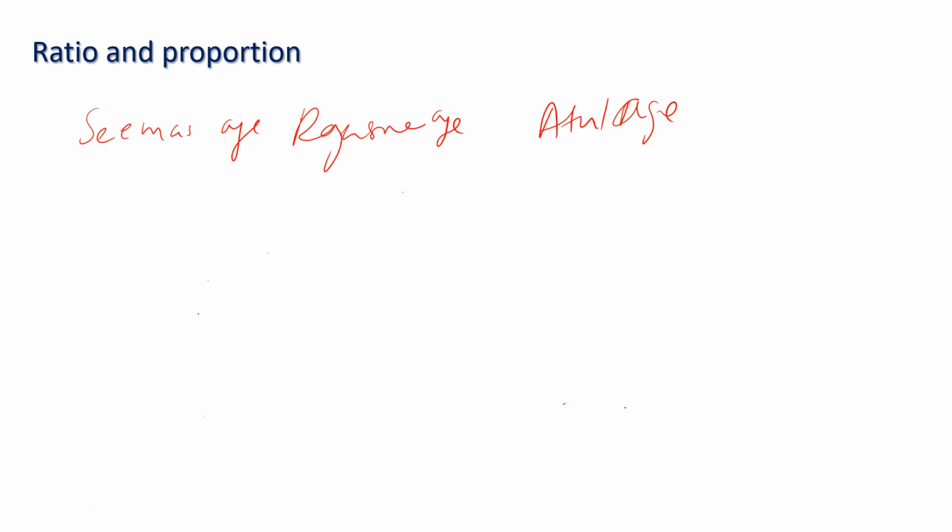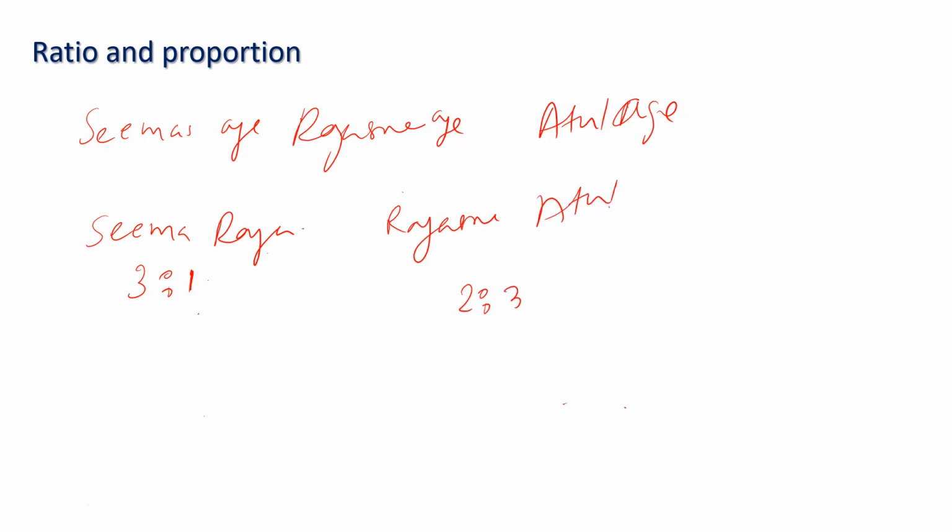If the ratio between the age of Seema and Rajeshri is 3:1, this is the ratio of their ages. Then Rajeshri with Atul, the ratio is 2:3. Now can we write the ratio or the proportion of the ages of Seema, Rajeshri and Atul?